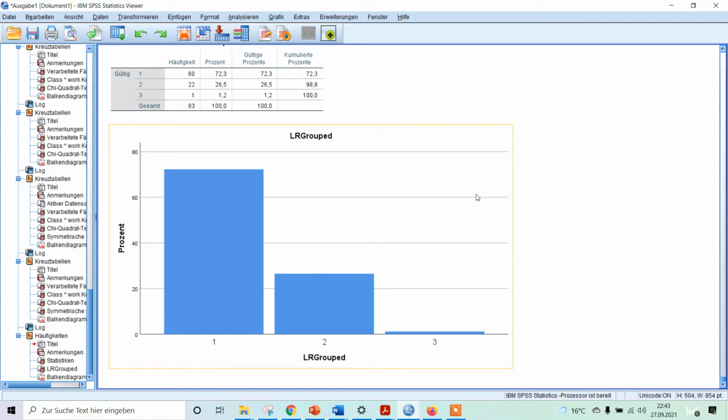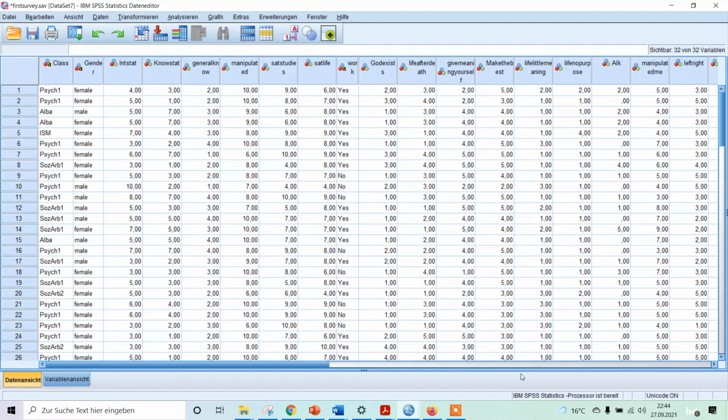So this can now be considered as being ordinal scaled. And now we want to calculate, for example, the correlation coefficient between political attitudes and, let's say, how satisfied they are with their life.